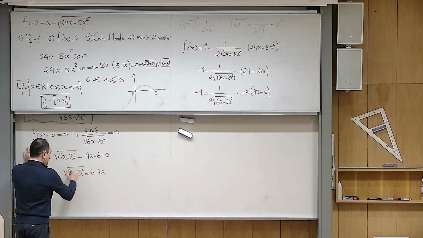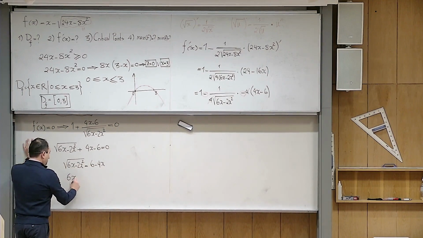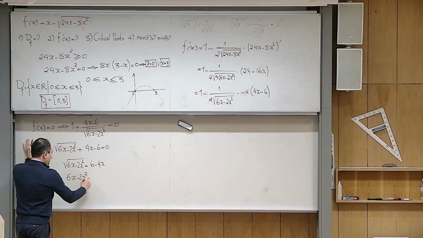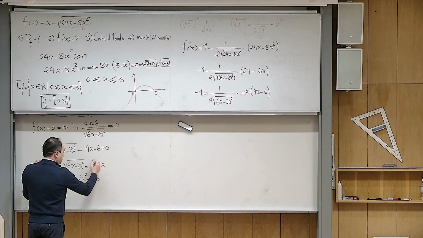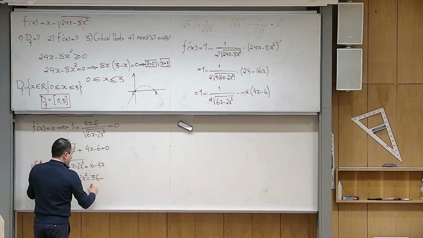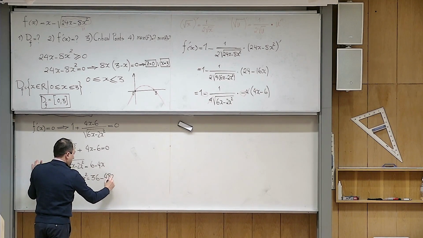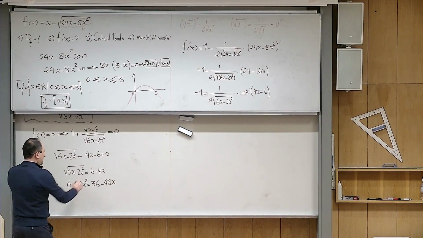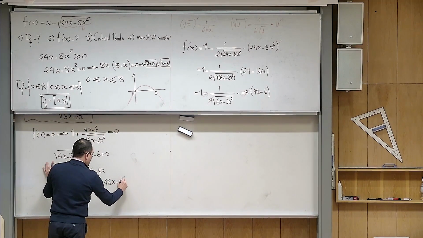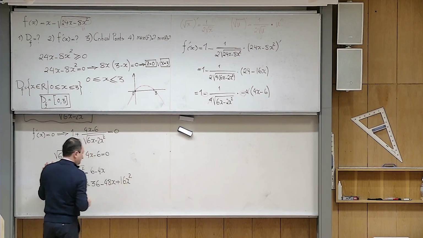Squaring them, I get rid of the square root sign. But then this totally squared becomes the first one squared, 2 times the first one times the second one, which is 48x, and then I have the second one squared, which is 16x squared.